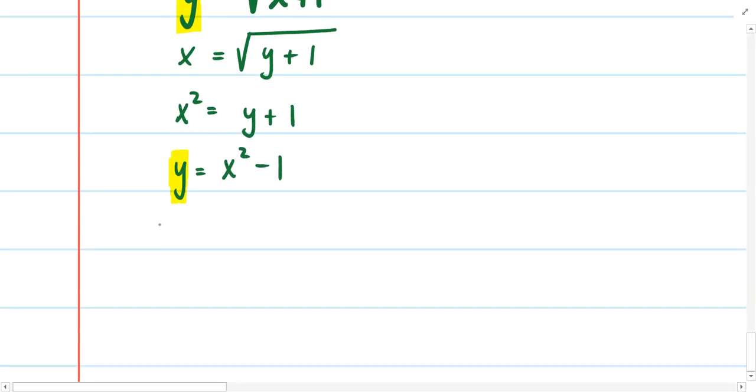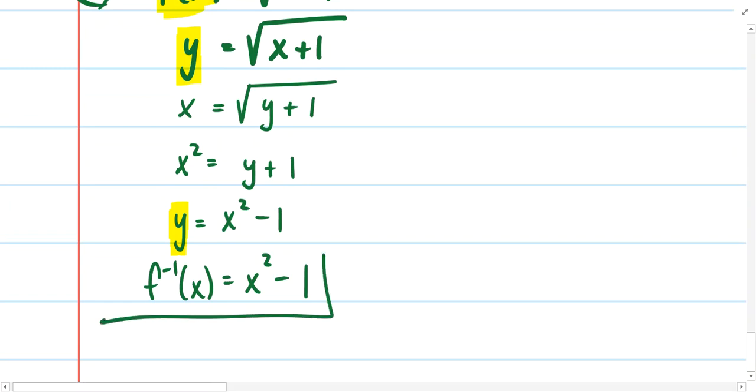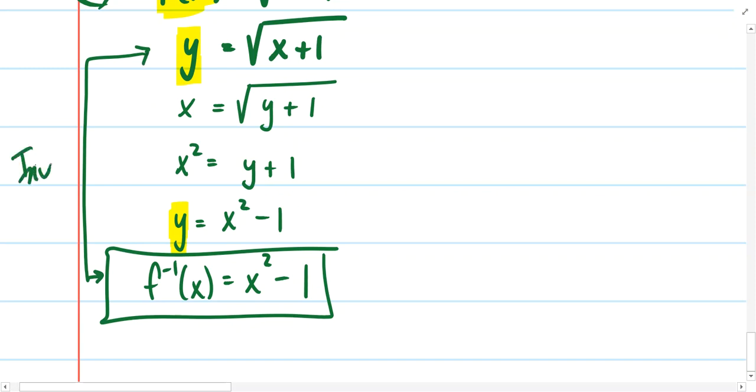This new y value represents f inverse of x, or the inverse of our original function f. And so our claim here is that x squared minus 1 is the perfect and complete opposite, or inverse, of the original. We're going to make the claim that these two are inverses.